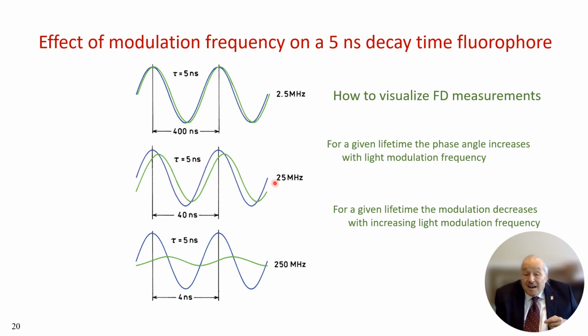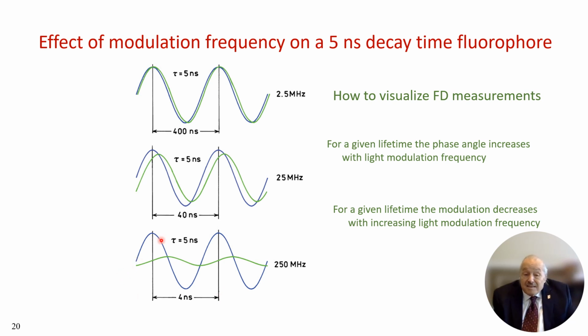If we go to a higher frequency of 25 megahertz, the phase angle shifts more and the modulation changes, but now we have 40 nanoseconds between peak to peak, so that's still a lot of time for the 5 nanosecond decay to go away. And if we go up to 250 megahertz, it's only 4 nanoseconds between peak to peak.